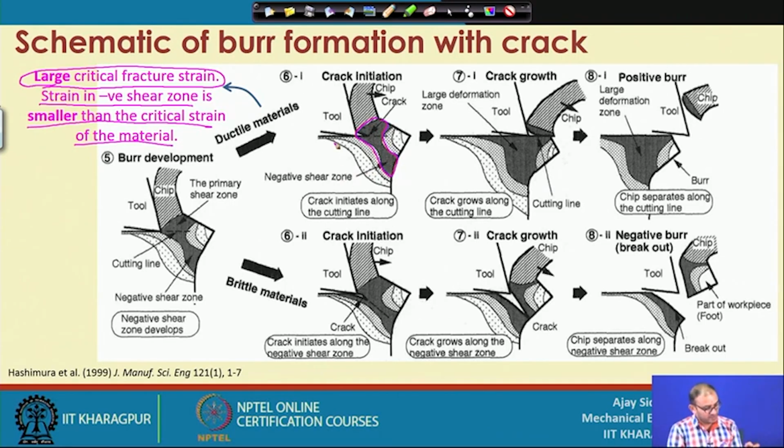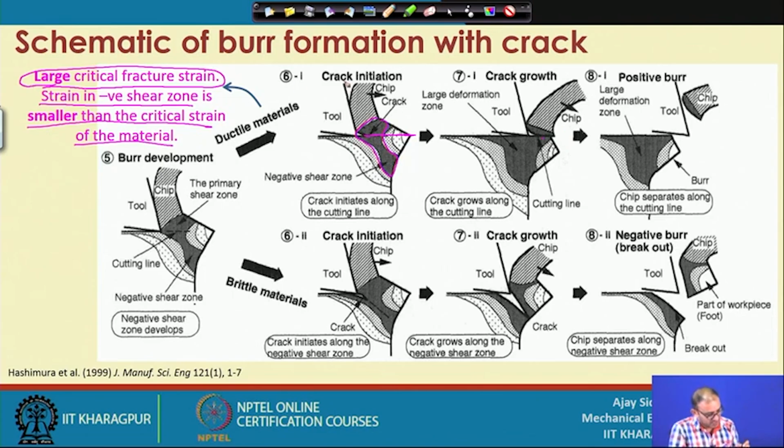If the material cracks, there is a crack initiation. Along this dash line we expect the material to move in the same direction, because it is a ductile material and you are not getting a fracture. Unless the tool completely passes through the workpiece, you will not get a chip out of it; it is still sticking to the surface.